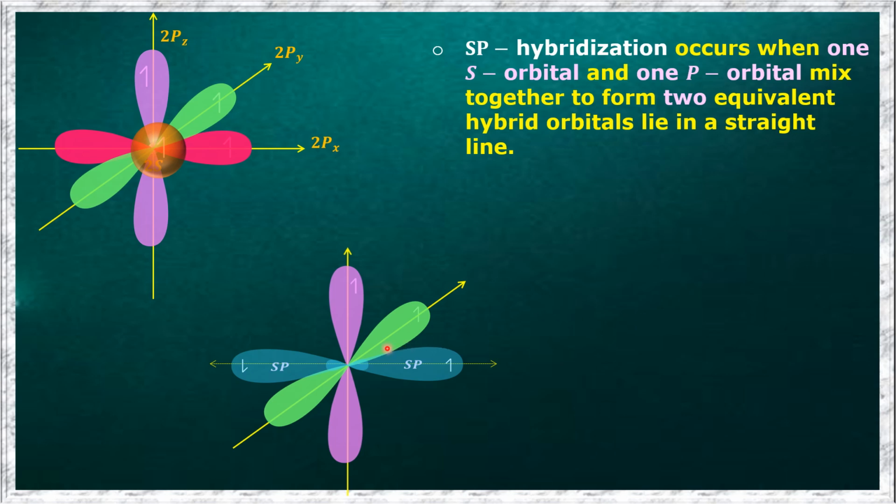The unhybridized orbitals, that is 2py and 2pz, are at right angles to the line of sp hybrid orbitals. So after hybridization, each sp orbital and unhybridized p orbital contains an unpaired electron. See here, here is one unpaired electron, here is one, here is one, here is one. So this is the sp hybridization.